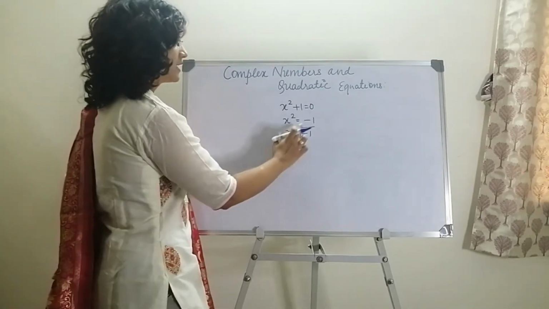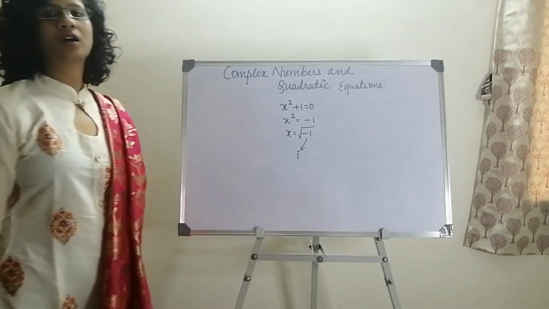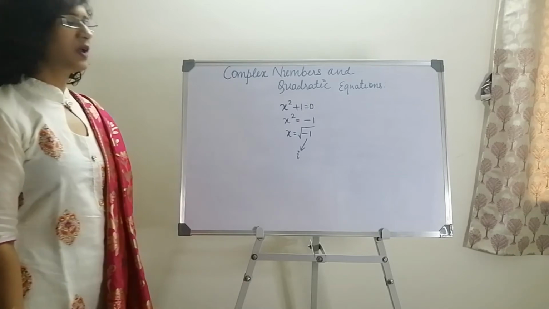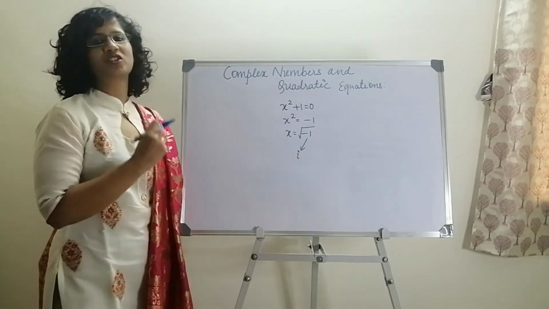So I have denoted the square root of minus 1 as i, and this i showcases that it is an imaginary term.